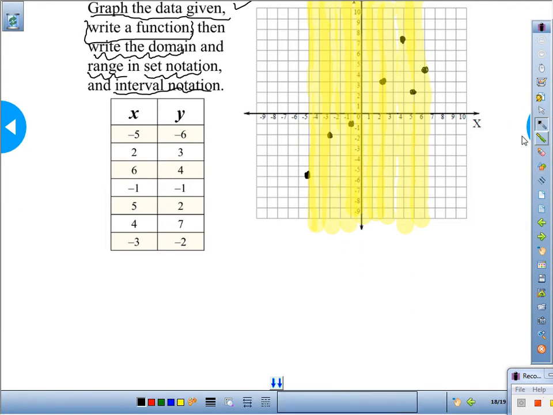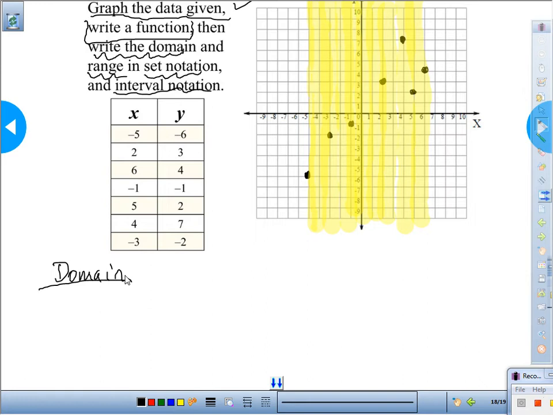All right, here we go. Underneath the table, I want you to write domain. Now, guys, right now I'm having you use highlighters because it makes us focus just on that section for the X values. Does that make sense? And then it makes us focus, when we find the range, just on the Y values.